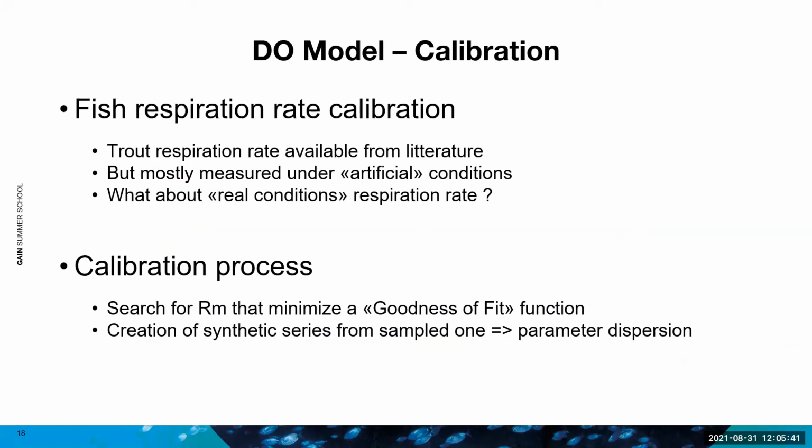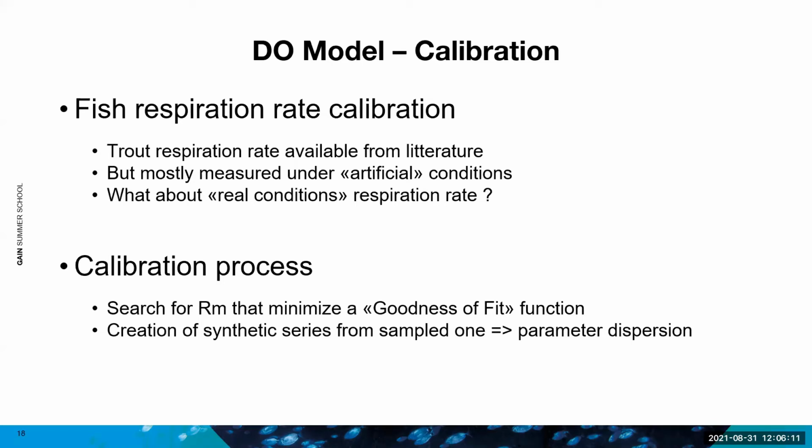So we focus, of course, on the fish respiration, and we try to make a calibration of the fish respiration. We already had an idea of the trout respiration rate from the literature, but the rates that are reported in the literature are mainly measured under artificial conditions, and it's quite hard to find some estimation in real conditions.